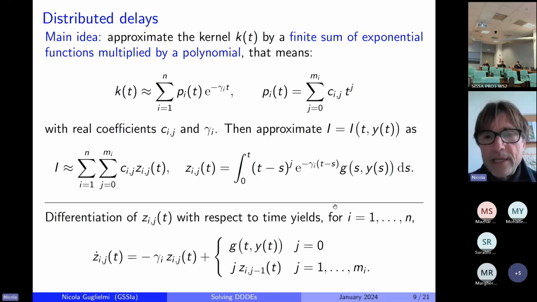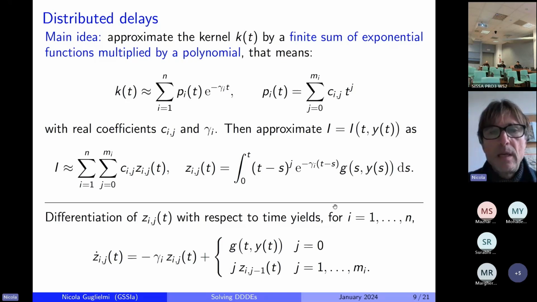So you can completely forget the original integral term, replace it by a sum of exponentials multiplied by polynomials, add the differential equations, and essentially this is an oblivious method. The integral dependence is forgotten. You add a number of additional augmented differential equations, and everything is completely solved in the setting of ODEs.